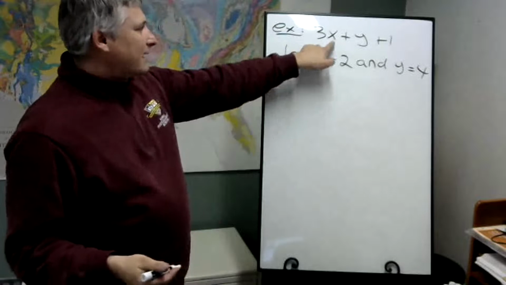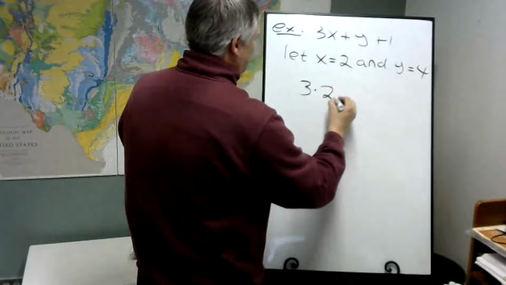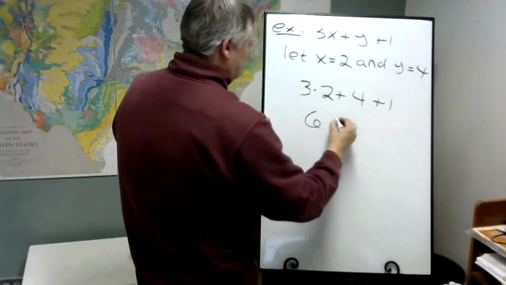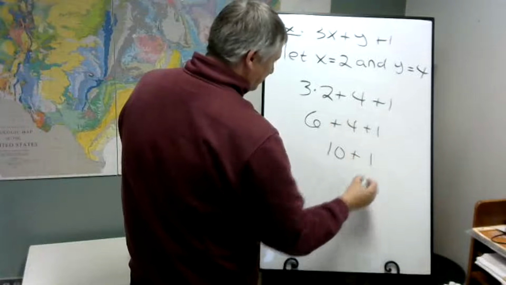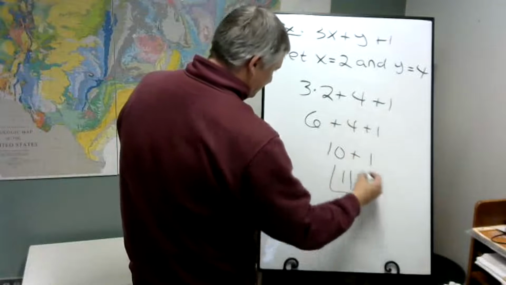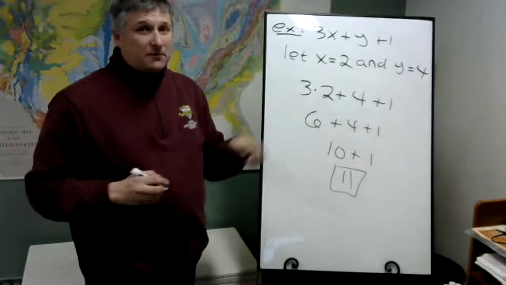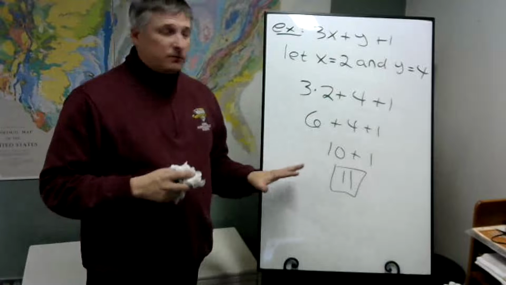Remembering this is 3 times x. So we'll get 3 times 2 plus 4 plus 1. And again, going left to right, making sure we do the multiplication first. And that's expressions. So we've looked at this before.